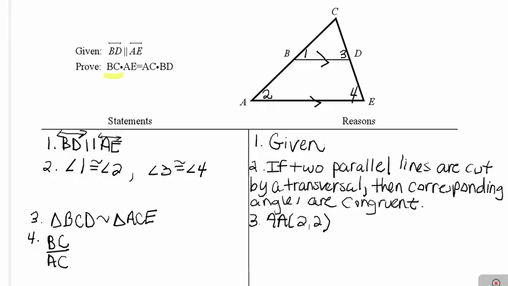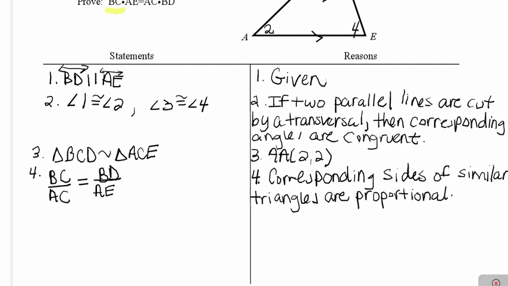And then I look to see what other proportion do I need. So BC needs to be multiplied by AE. And then the other side in the first triangle is BD. And notice that BD and AE are also corresponding sides. So we're going to use that new reason that we used in the last proof, that corresponding sides of similar triangles are proportional.